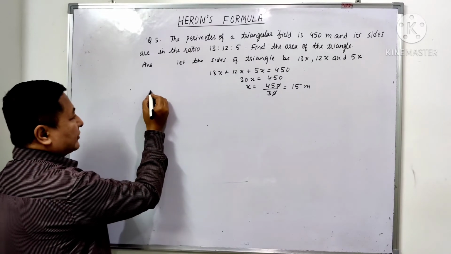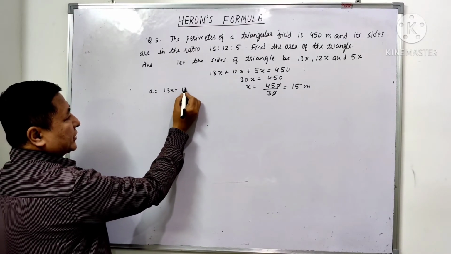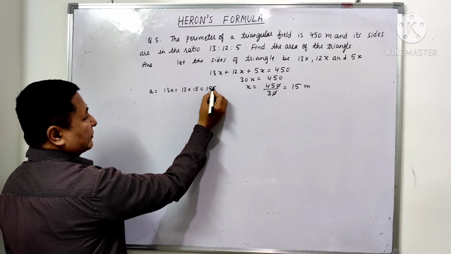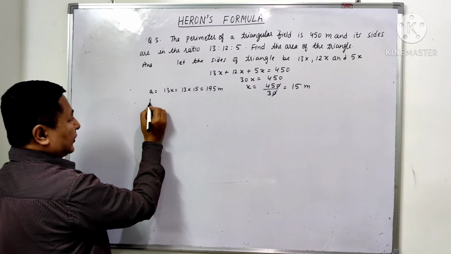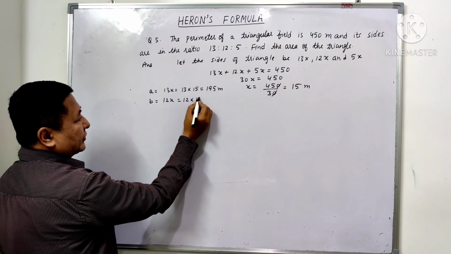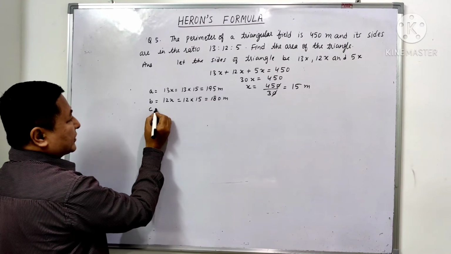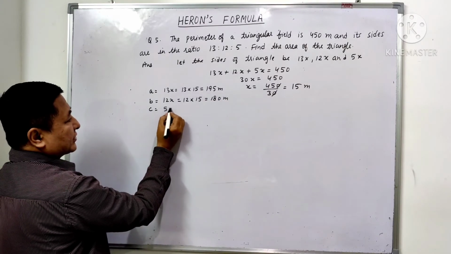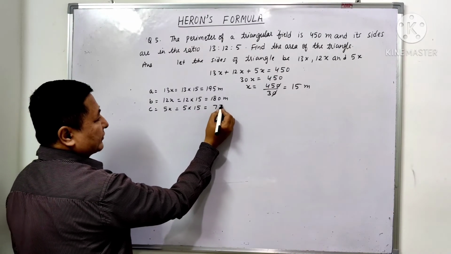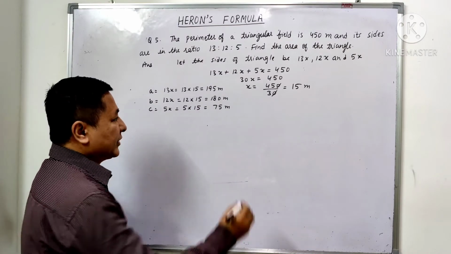Now we'll find the sides. A will be equal to 13x, that is 13 into 15, that is equal to 195 meter. B, that is 12x, that is 12 into 15, that is 180 meter. Then C is 5x, that is 5 into 15, that is equal to 75 meter. Now we have to find the semi-perimeter.